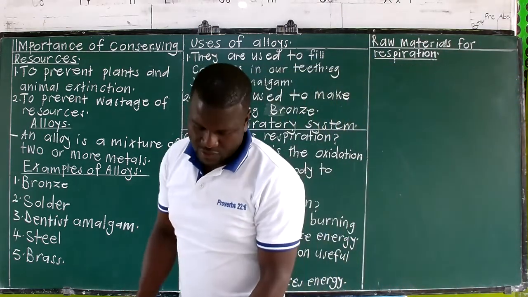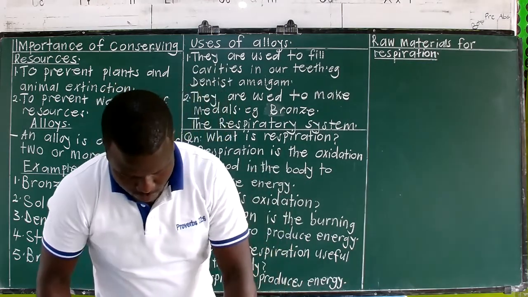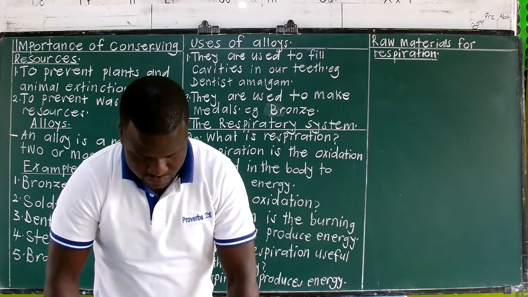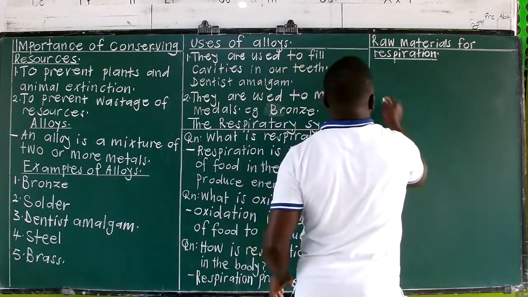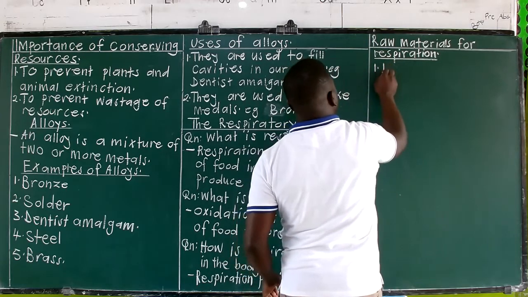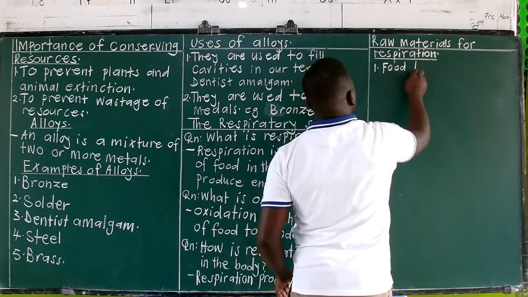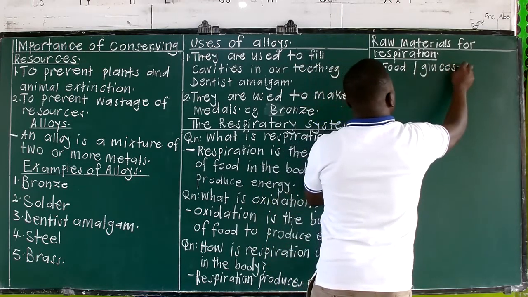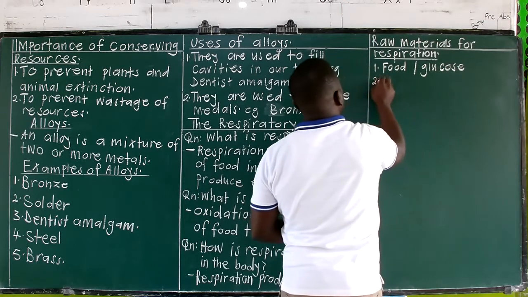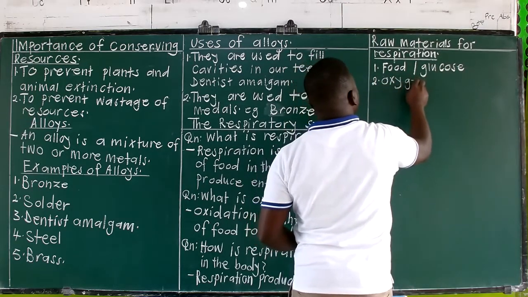Food is a raw material for respiration. Then another raw material for respiration is oxygen. Some people call food glucose.